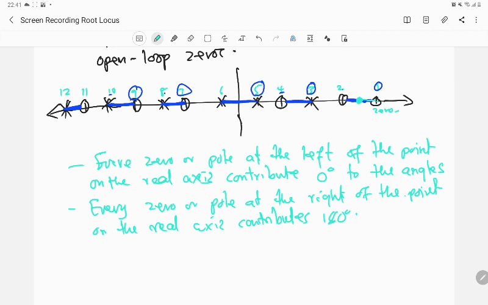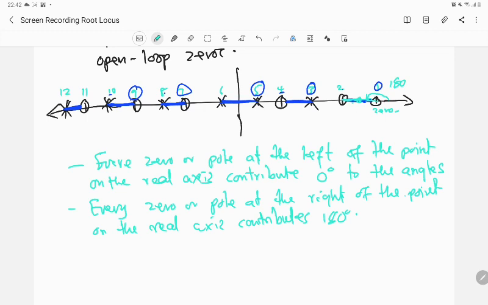the angle is going to be what? It's going to be 180. The angle from the positive projection of the real axis is 180. Now if I draw another point from this side, then the angle from the positive projection of the real axis is going to be 0.